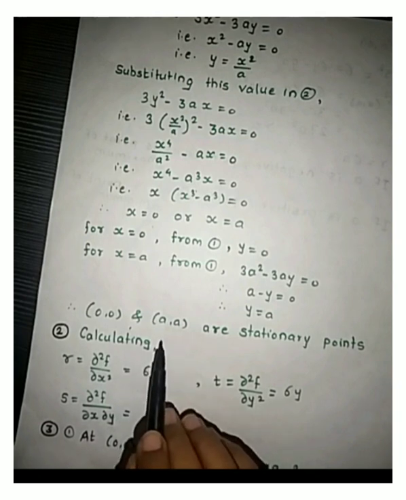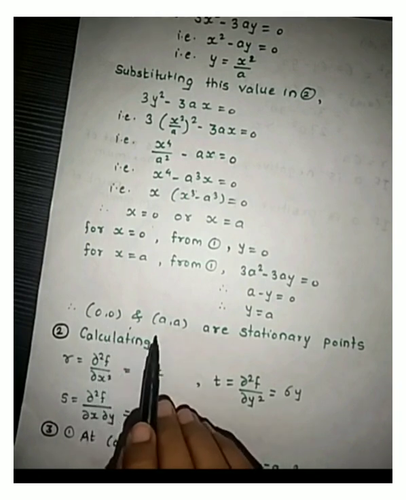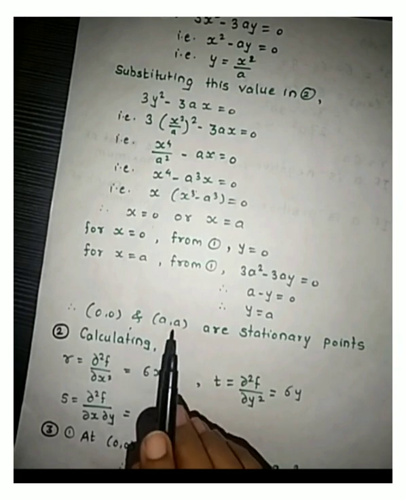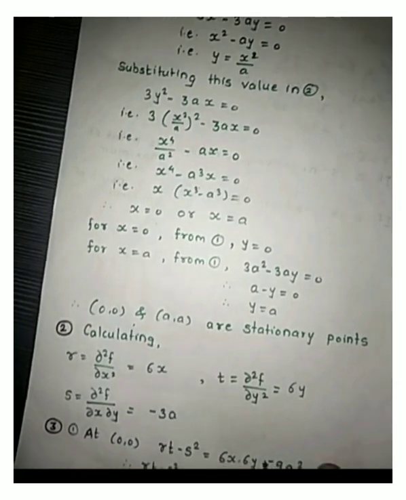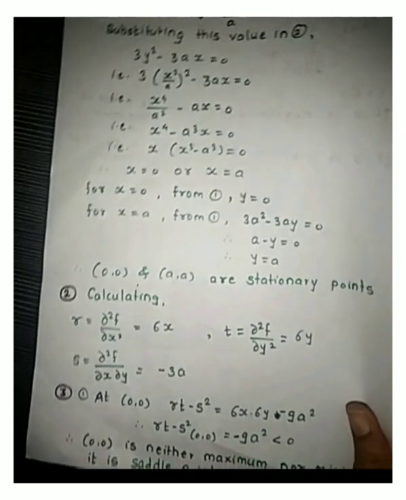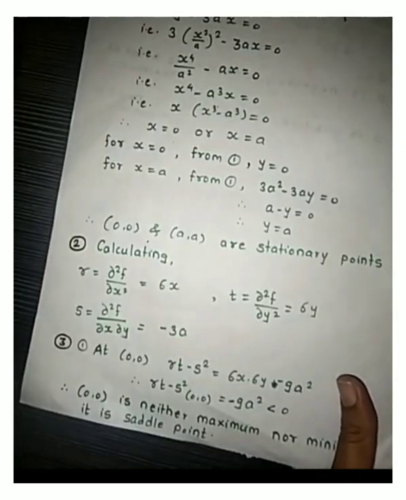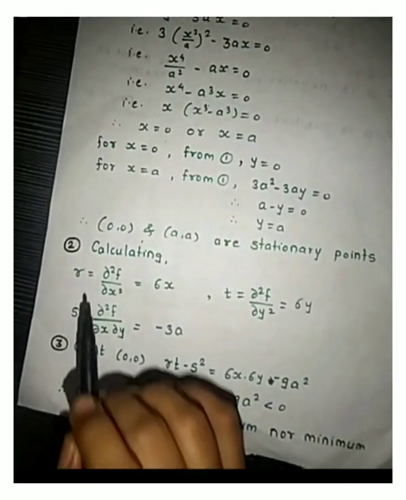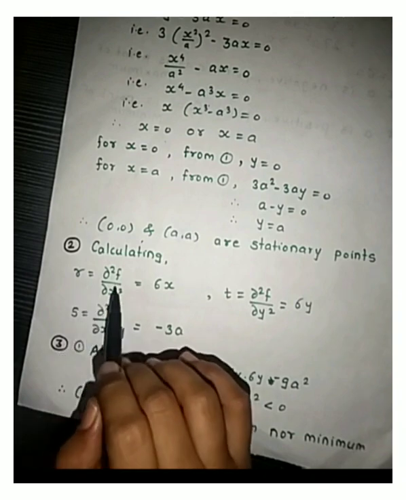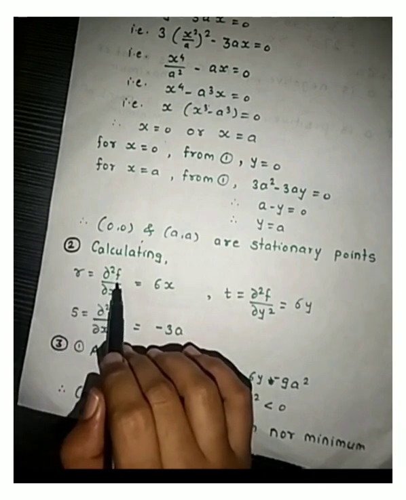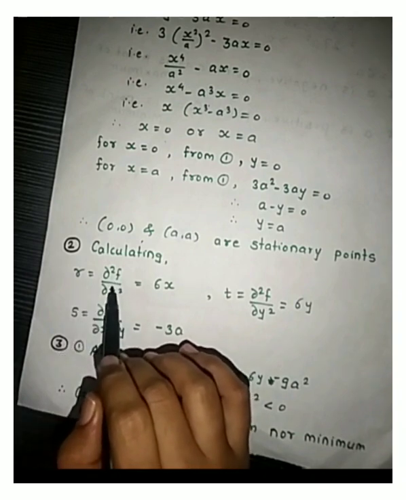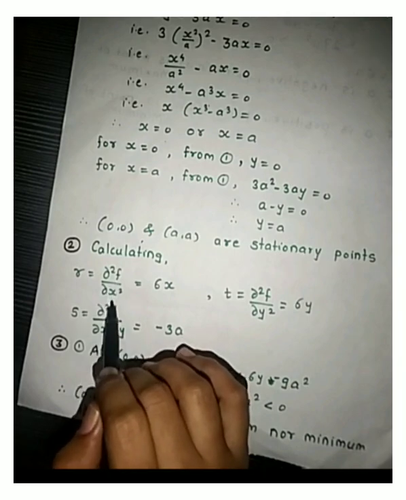Now we check whether these are points of maximum or minimum, or these are saddle points. So for this, our next and second step is to calculate r, s and t. So r is the double partial derivative of f with respect to x.